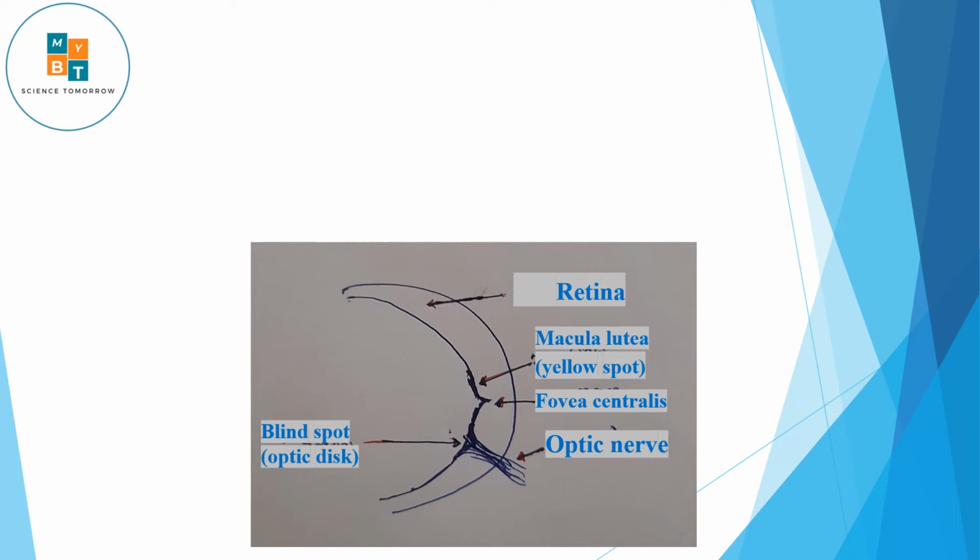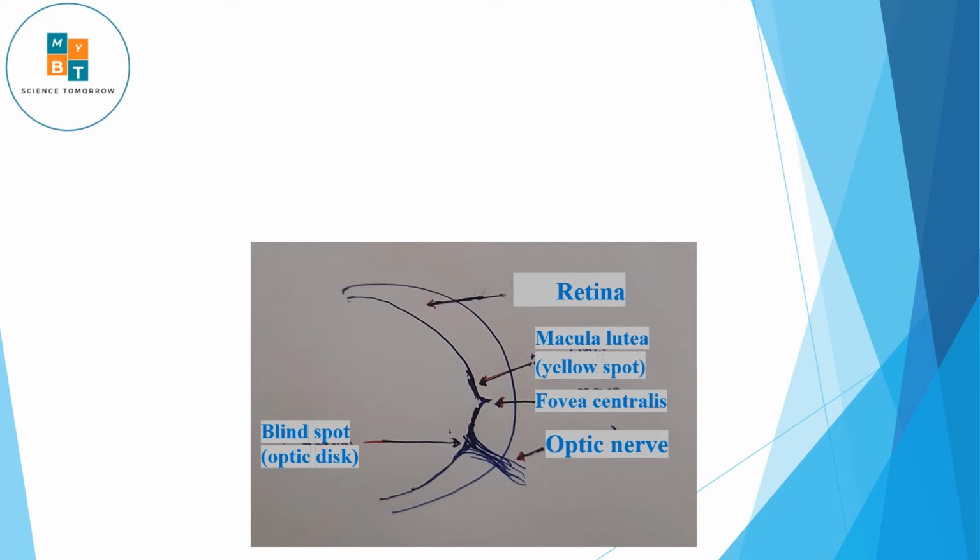The middle of the back of the retina is called the macula lutea, or yellow spot. And there's a depression in the yellow spot called the fovea centralis. That is a place where you have only cones, and you have better image and better vision.